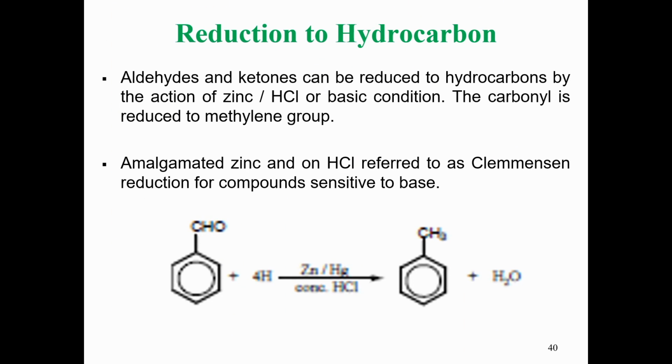In reduction of carbonyl compound to hydrocarbon, Clemmensen reduction reagent is employed, which is amalgamated zinc in conc HCl. This is going to turn the carbonyl into hydrocarbon. So my benzaldehyde will be turned to toluene using amalgamated zinc in conc HCl.